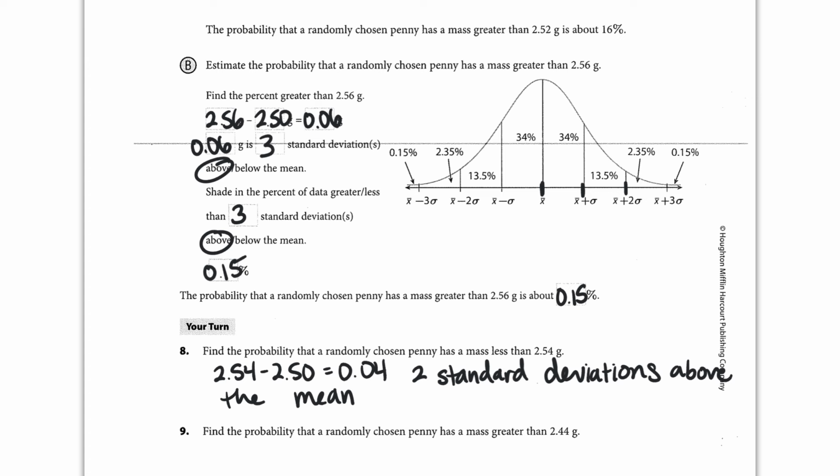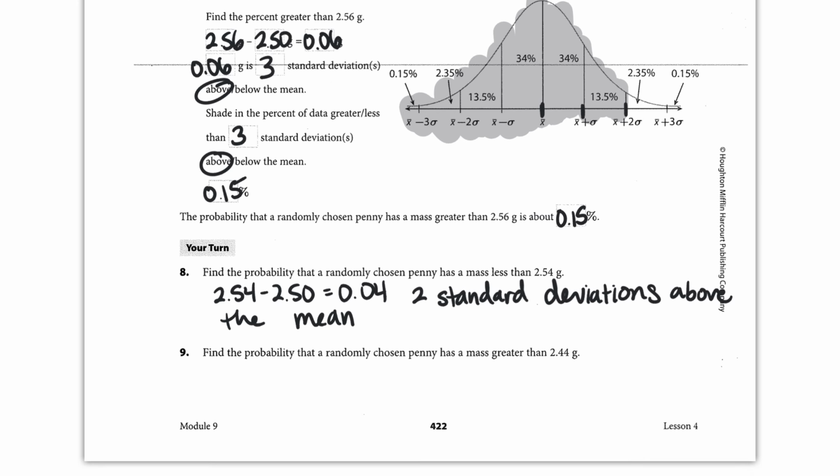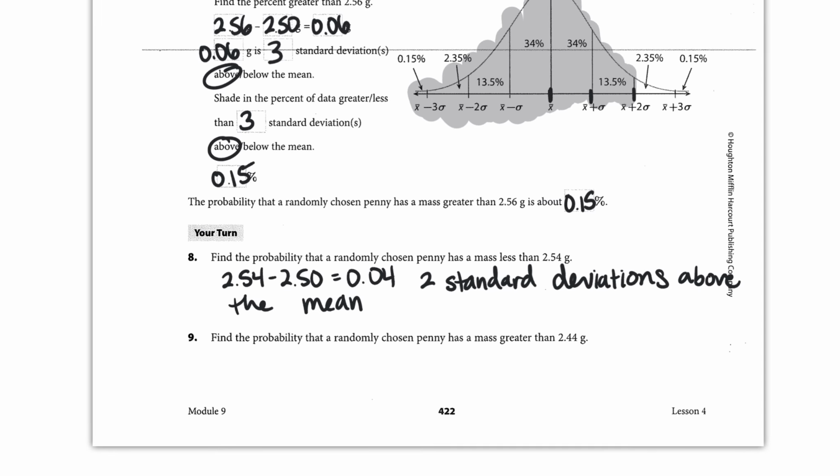But we are looking for pennies that have a mass less than 2 standard deviations above. So we are looking for all of this. Now there's a couple of ways that we can find the answer. We can add up 0.15, 2.35, 13.5, 34, 34, and 13.5, or we can subtract the piece that we don't want from 100. Either way will work, but you should end up with 97.5%.